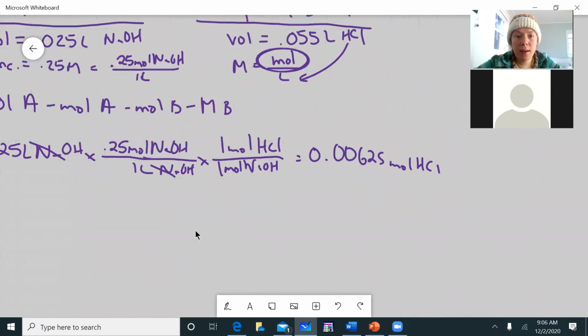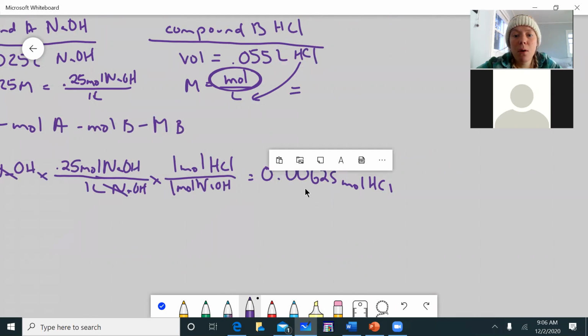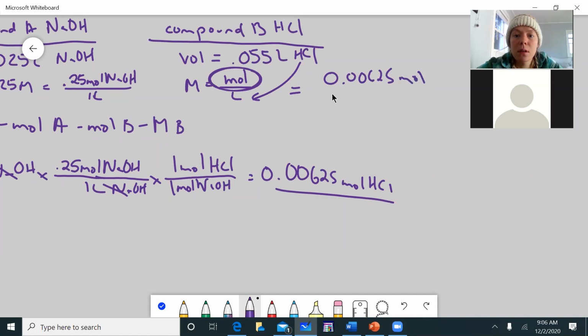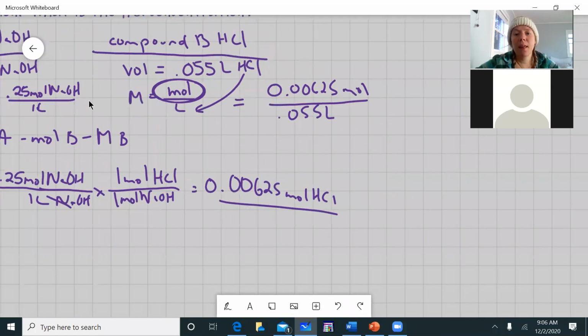So in order to get molarity, right, molarity equals moles over liter. Well, here's my moles: 0.00625 moles. And we know the liters because that was given to us, 0.055 liters. Right, it was 55 milliliters.